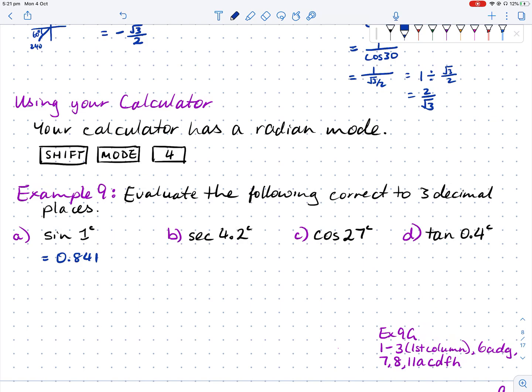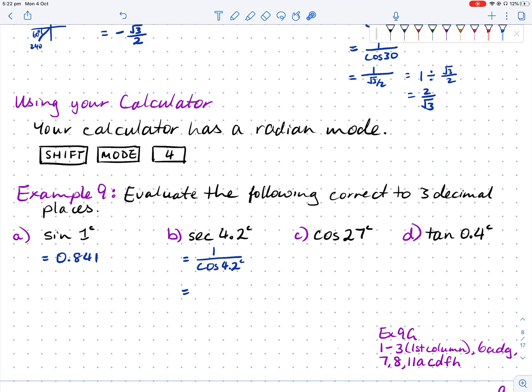For question B, sec of 4.2 radians. So sec is 1 over cos. So we're going to put this in as 1 over cos 4.2, close bracket. You don't need to put any symbols in for your cos. For the angle, there's no symbol to put for radians.